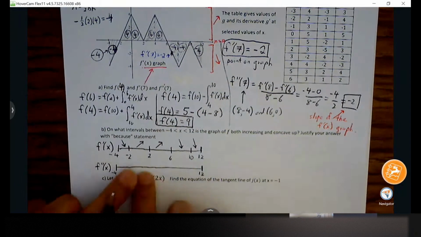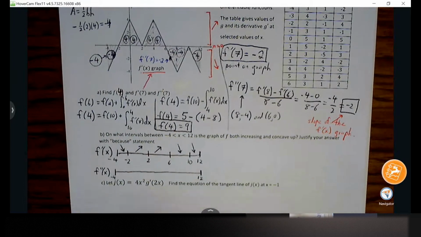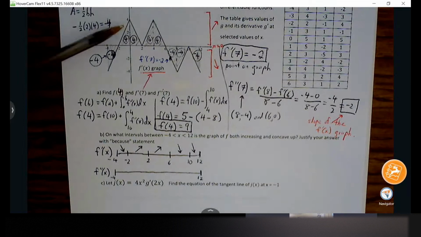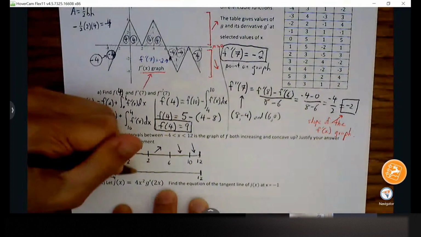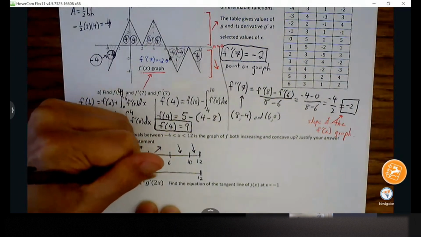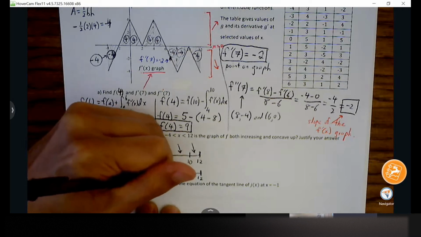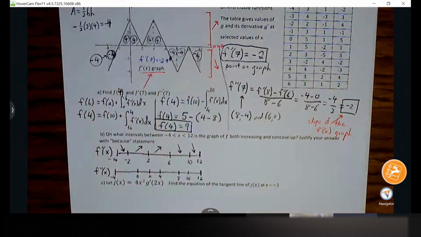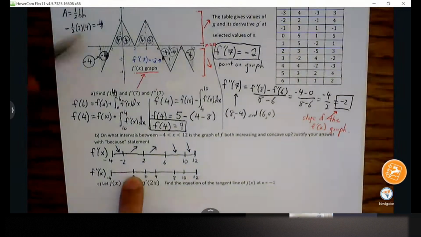So where are the points of inflection that we can place onto our concavity sign line? 0, 2, 4, 8, 10. Good.